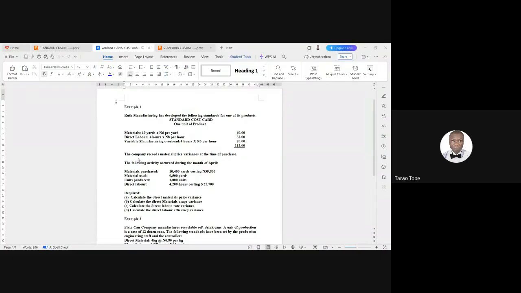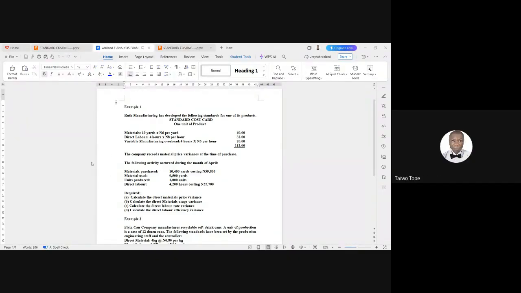So overall, if you are now using 4 hours, how much will you pay? 20 naira. So the total standard cost to produce 1 unit will now be what? 112 naira. This is the standard that has been set by Root Manufacturing Company.